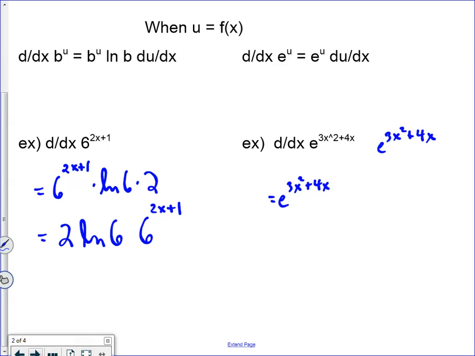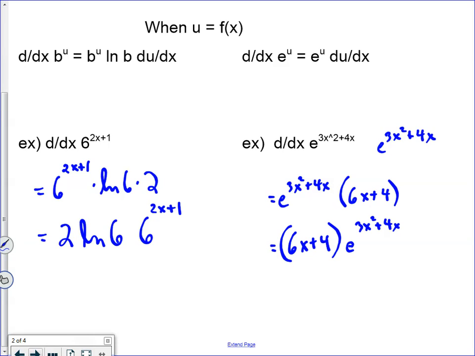E is still the base, but the ln of e equals 1, times the derivative of the exponent, which would be 6x plus 4. If you were cleaning it up, you'd get 6x plus 4, with parentheses so somebody doesn't think the e to the 3x squared is attached to the 4.